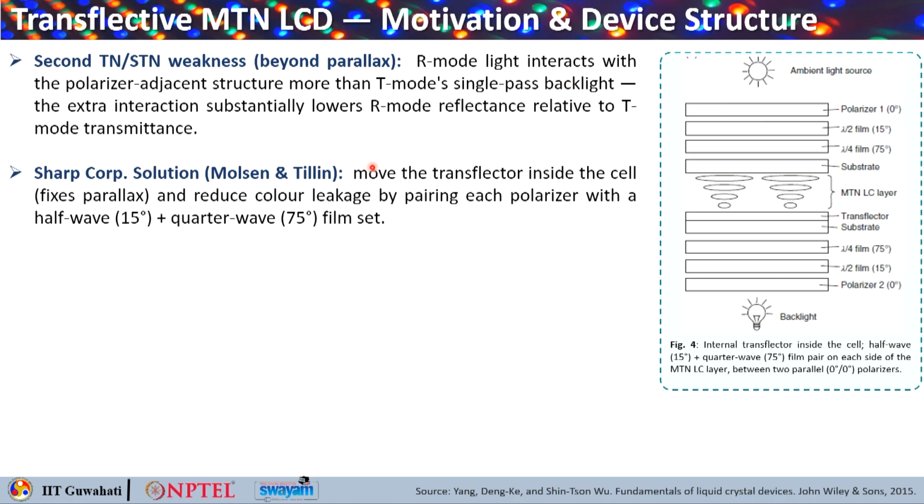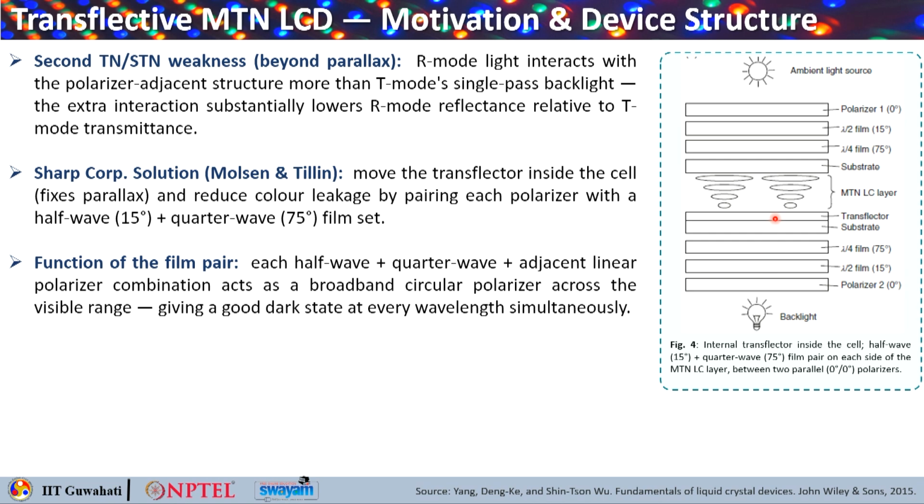The solution proposed by Sharp Corporation, by Molson and Tillin, was: why don't you move the transreflector inside the cell? That fixes the parallax, and it also reduces the color leakage by pairing the polarizer with a half-wave and a quarter-wave film set. You can see lambda by 2 and lambda by 4 sets are being used here.